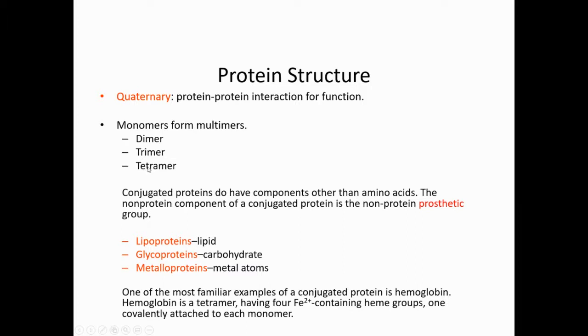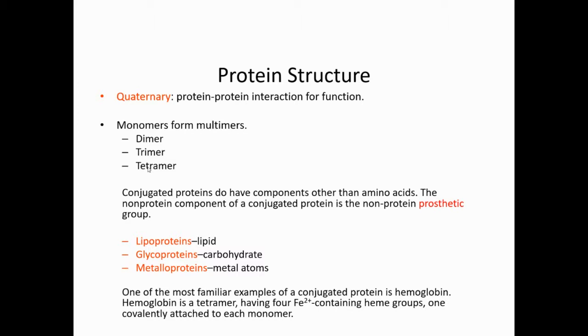Sometimes the protein needs another component to join so that the protein becomes functional. Those proteins are conjugated proteins if they have components other than amino acids.